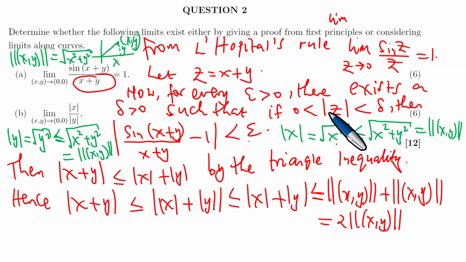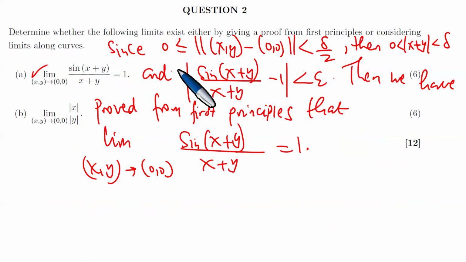So the modulus of x plus y is what we need to focus on, and that is what we need to ultimately achieve. By definition, the vector x and y minus 0, 0 is less than delta over 2, ultimately less than delta, then this is less than delta.